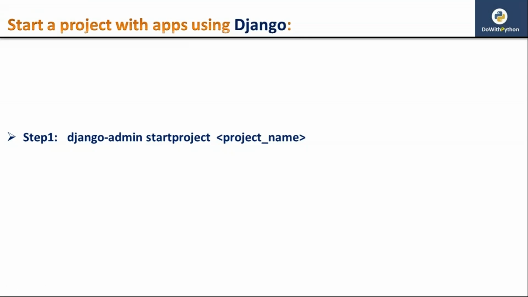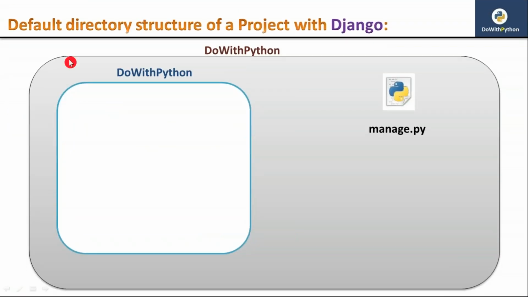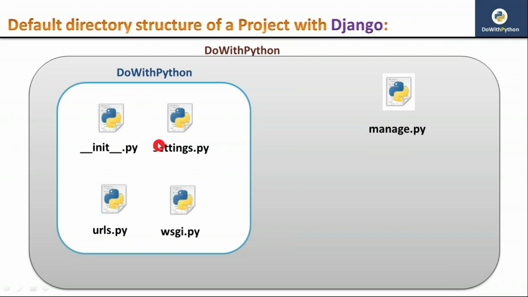Once you start your project, the default directory structure will be like this. This is your main project, DoWithPython. Under that you get one directory with the same name as your project, and one manage.py. In that directory you have some files, which we already saw. The init file means this is a package.